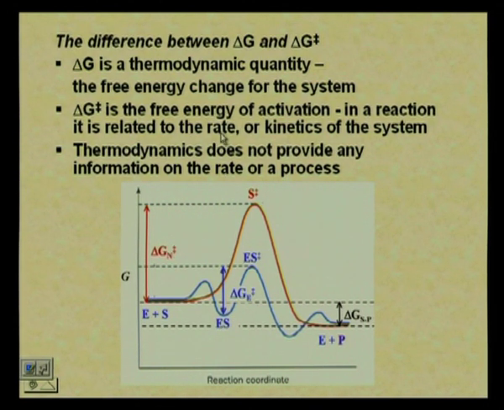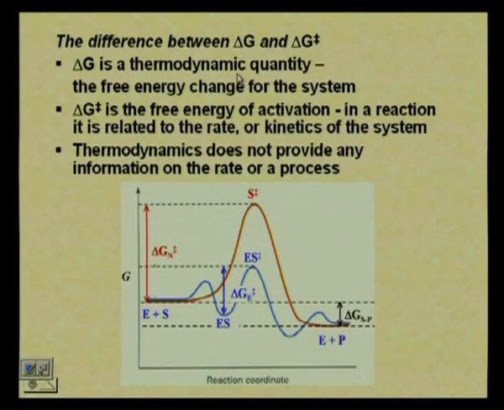That is the free energy of activation in a reaction. It is related to the rate or the kinetics of the system, and thermodynamics does not provide any information about the rate of the system. It is just going to give you the delta G thermodynamic quantity that is going to tell you whether the reaction is spontaneous or not.